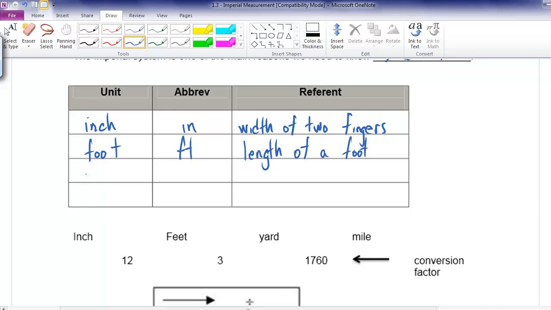The next unit is the yard, and you could think of the yard as the height of the doorknob above the ground, or one adult pace, so nice step. And finally, the biggest unit is the mile.